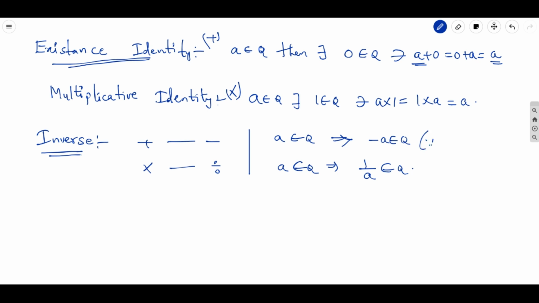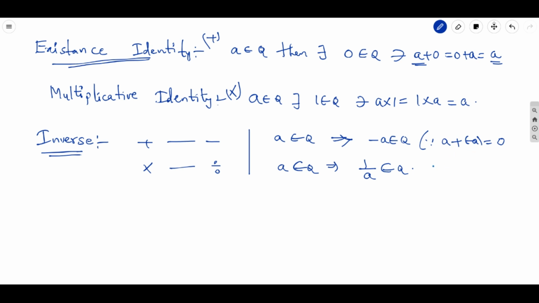Check the condition: inverse means we get the identity. The identity under addition is 0. When we add a number with its inverse, we get the identity, and each is called the inverse of the other. Here a is the inverse of minus a, and minus a is the inverse of a.